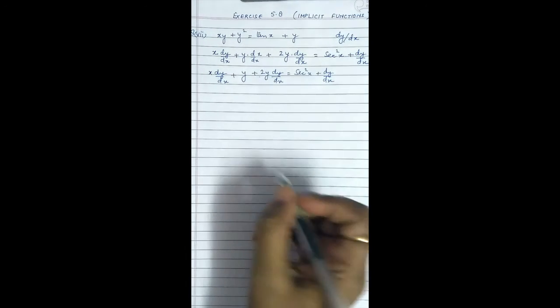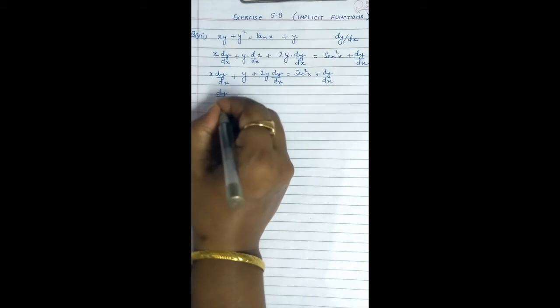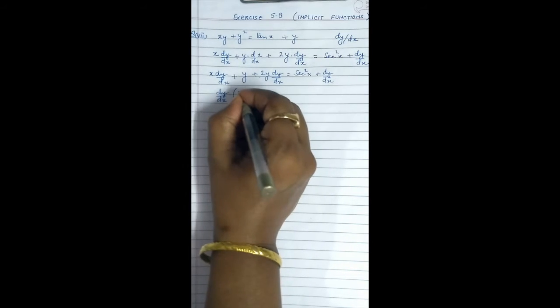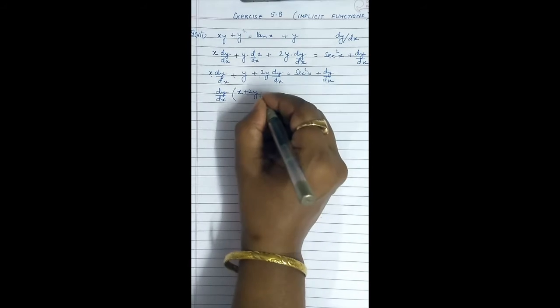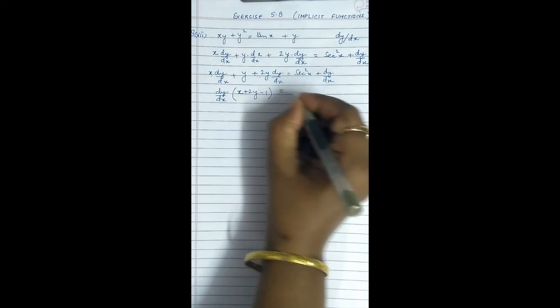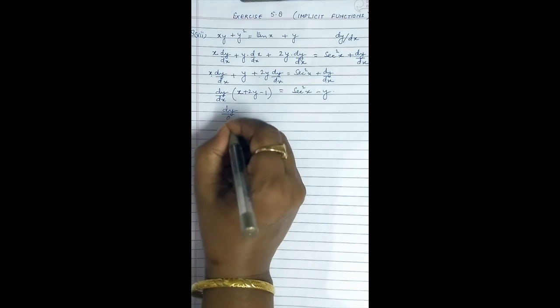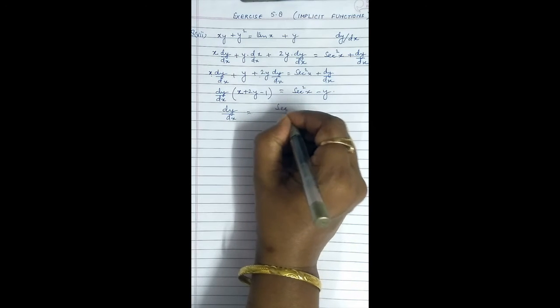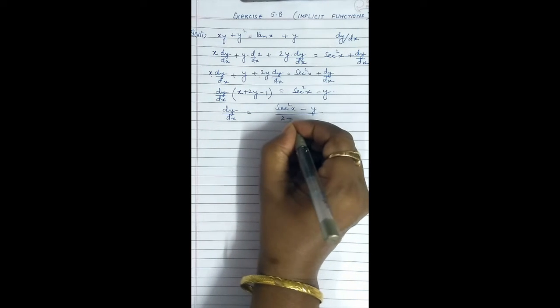Now I'm going to just make dy by dx the subject. dy by dx times x plus 2y minus 1 equals sec square x, and shifting this y to this side, I get this. So now dy by dx comes out to be sec square x minus y, whole upon x plus 2y minus 1. Now this becomes my answer.